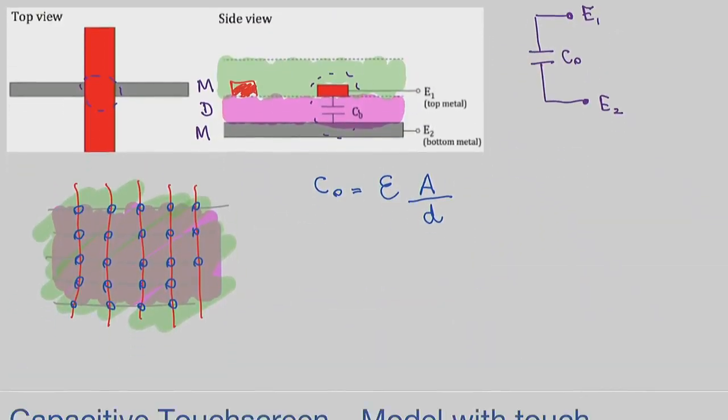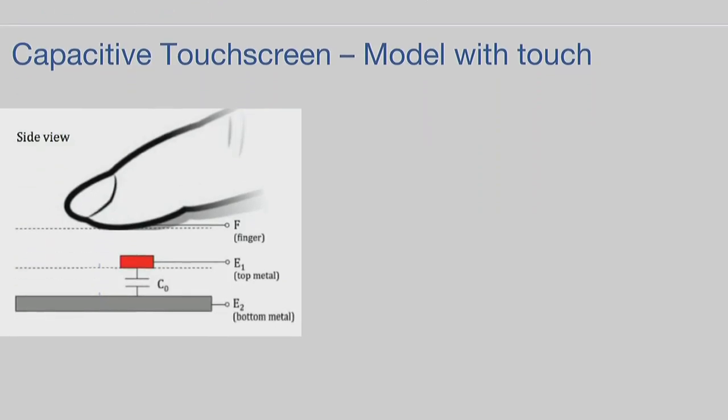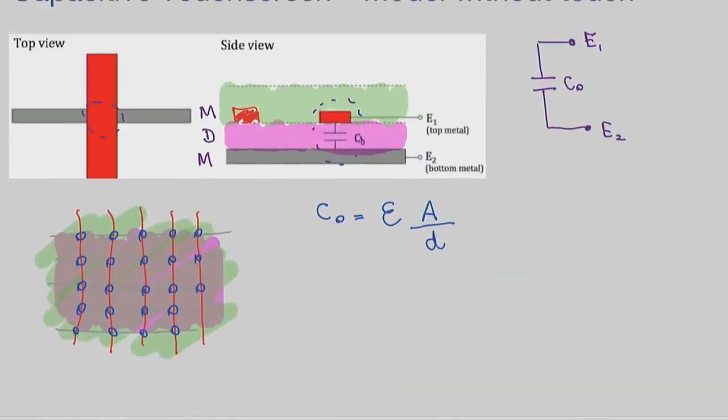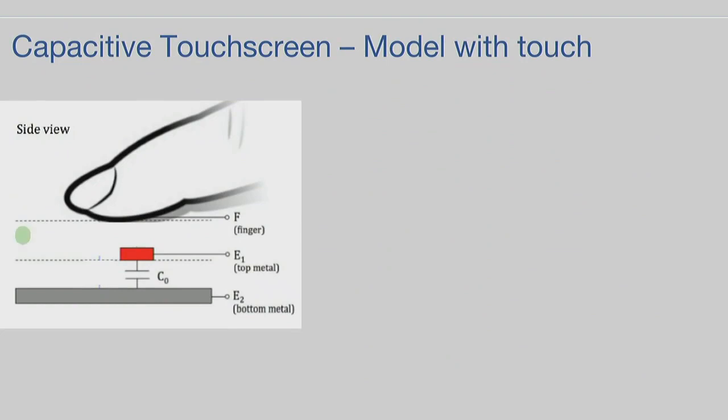So let me color my capacitors the same way that I did before. I had the green and the pink. So the green here is representing the glass, just so you don't think it's air or nothing. And then we have the manufacturer's choice for capacitor here to form C naught, right? And of course, this is a very nice form interface. It's not wiggly like that.